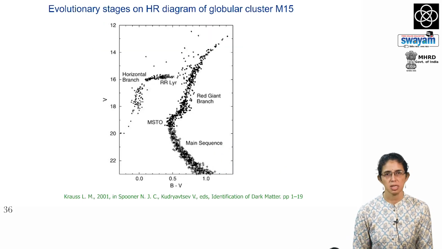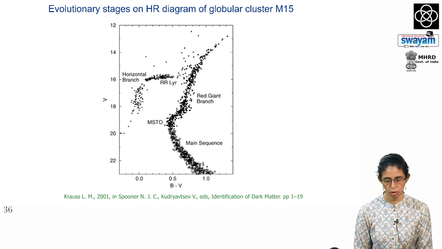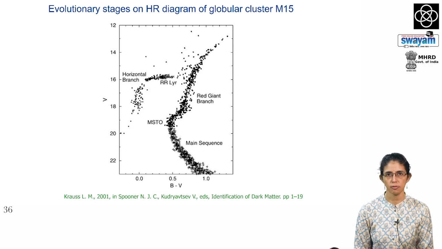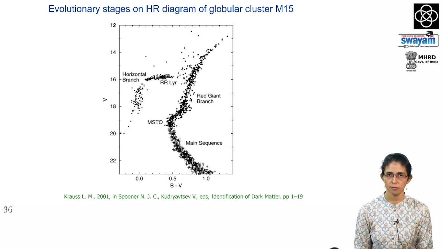These various stages can also be seen, for example, in the HR diagram of a globular cluster, and a globular cluster being more than 11 billion years old, one can only see the evolution of low mass stars, because the high mass stars would have evolved off the main sequence and would probably have become neutron stars and black holes.